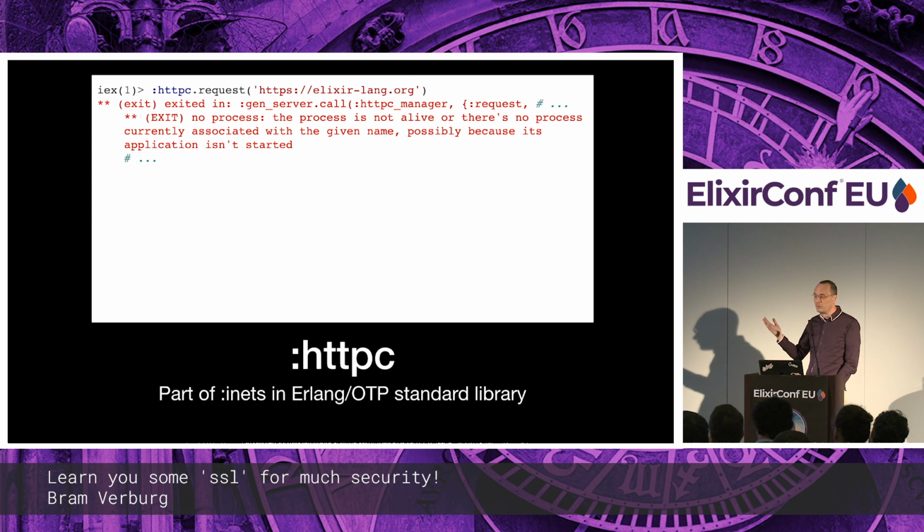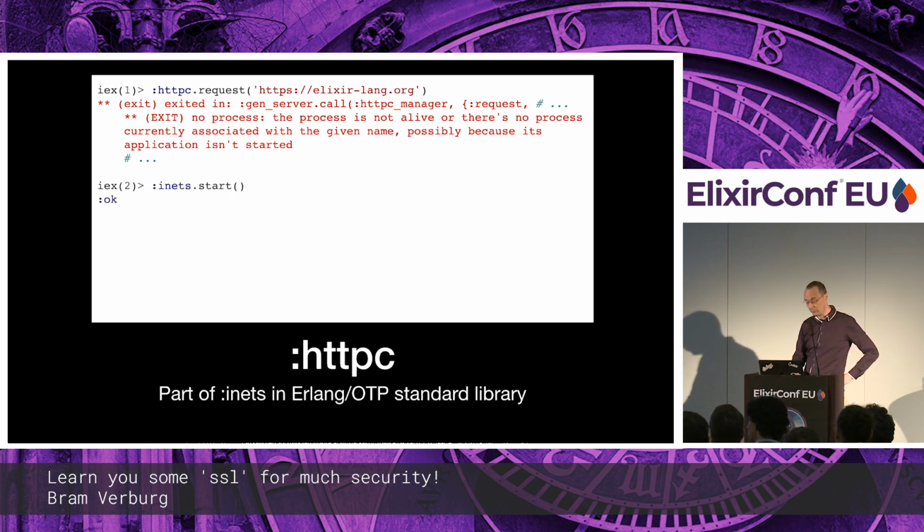So the first thing to know when you're using applications that are part of the Erlang OTP release standard package is you need to start these applications explicitly. If you don't start them, you'll get weird errors. So both inets and the SSL application need to be started.